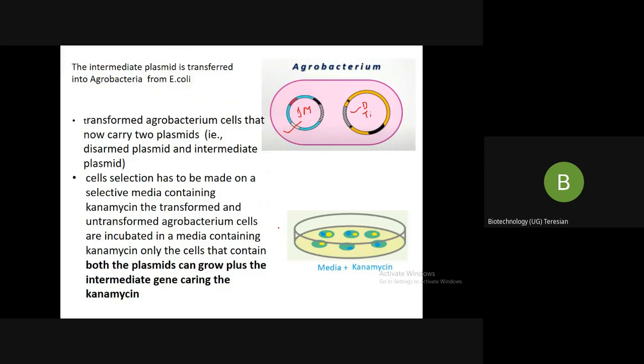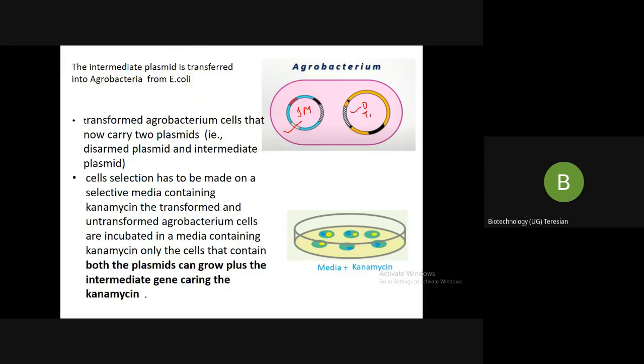The next step is cell selection. What do you mean by cell selection? Cell selection has to be made on a selective media containing kanamycin. The transformed and untransformed Agrobacterium cells are incubated in the media containing kanamycin. Only the cells that contain both the plasmids, plus the intermediate gene carrying the kanamycin resistance, can grow.